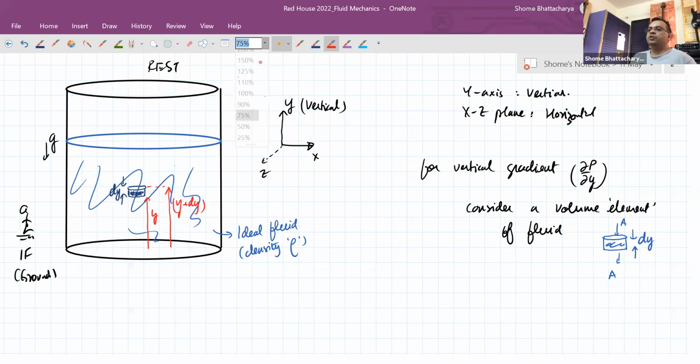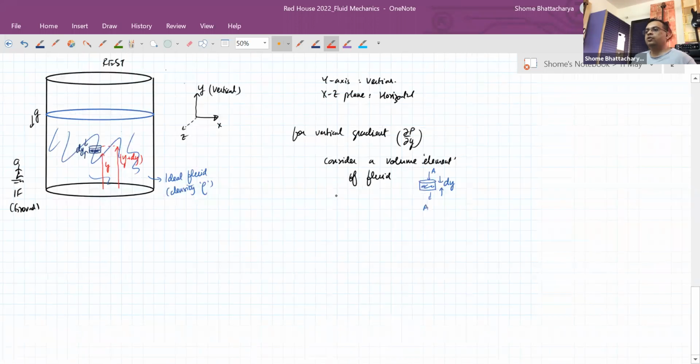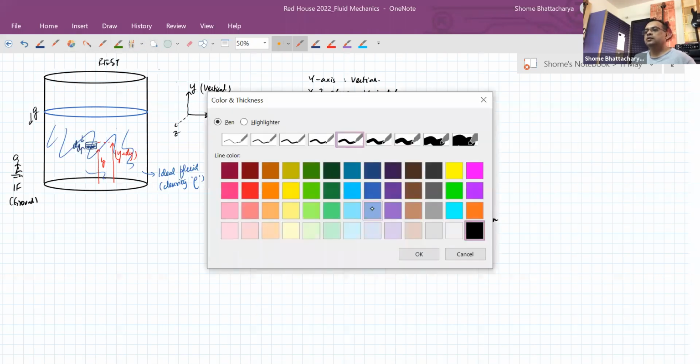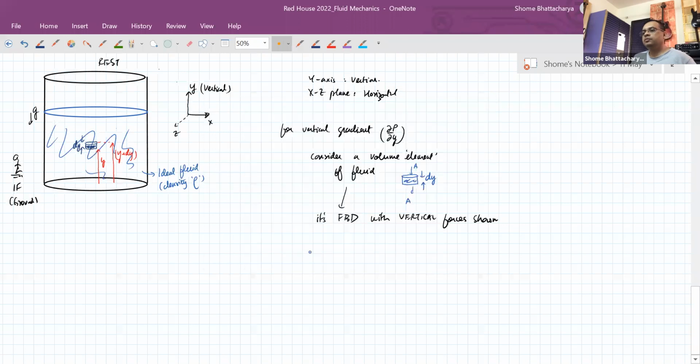So when we look at the free body diagram next of this volume element, with only the vertical forces shown, that will look like this. I'm drawing a sort of magnified version of that volume element, that thin disk of liquid.